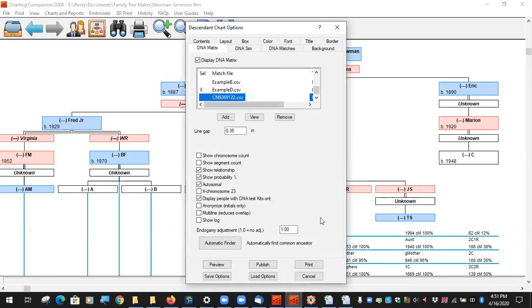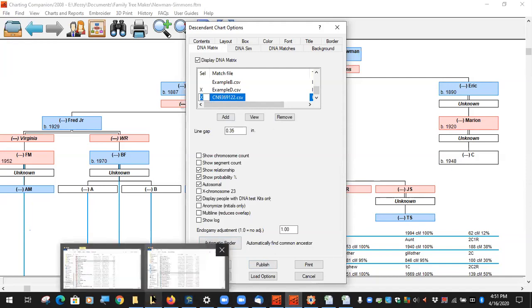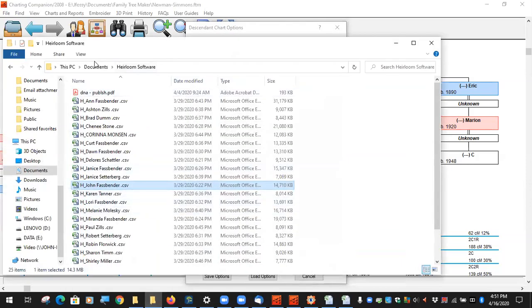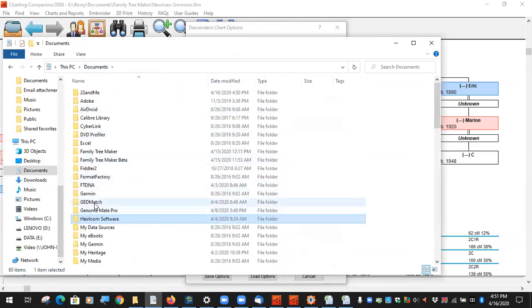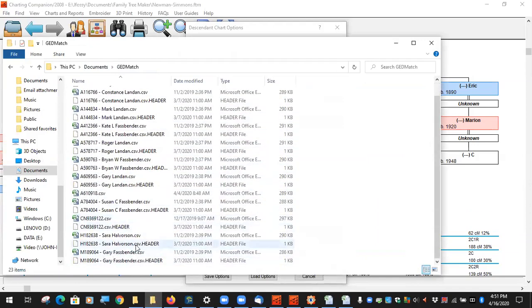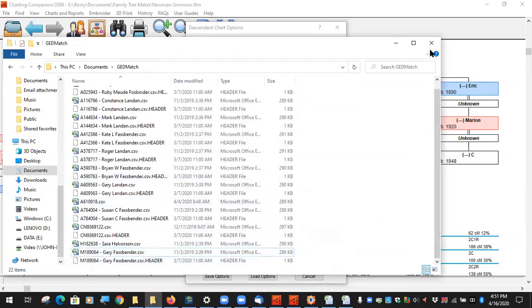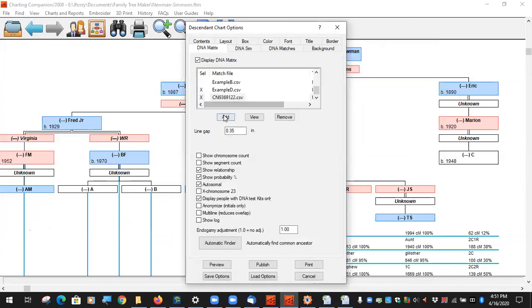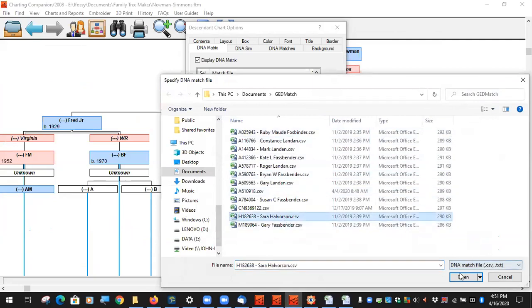Let me go back. Oh yeah, see I've got these header files. Let me just blow away that header file real quick. Let me add that one.